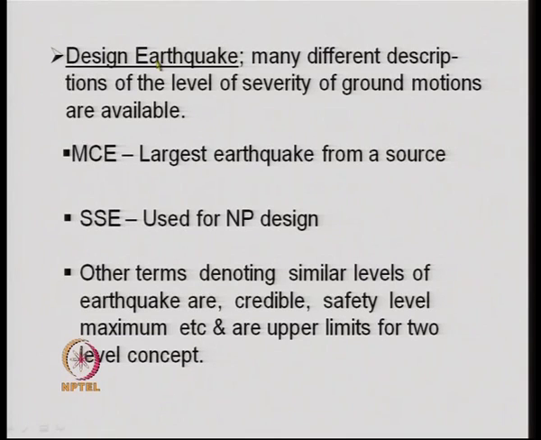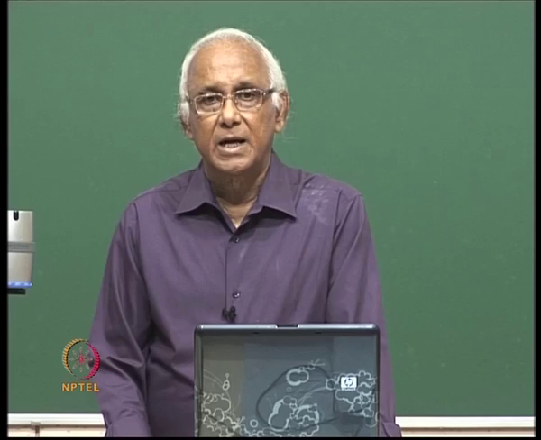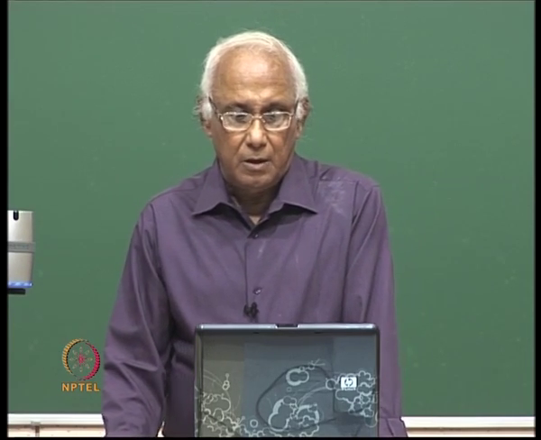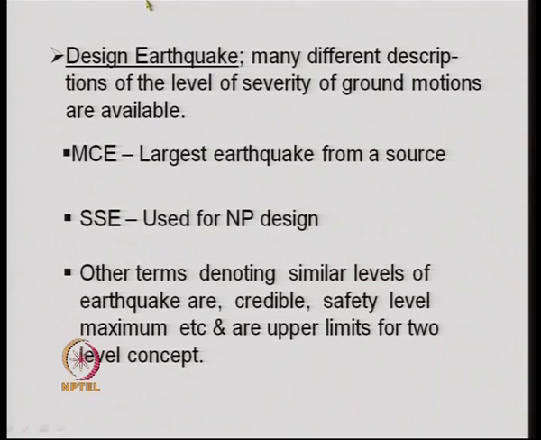Now we come to the different levels of earthquake that are described in the earthquake literature. Design earthquake generally specifies a certain value of peak ground acceleration, and from that peak ground acceleration one can also estimate the expected peak ground acceleration for the extreme earthquake.